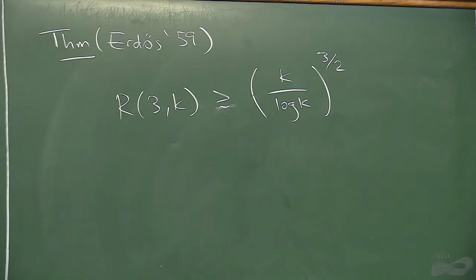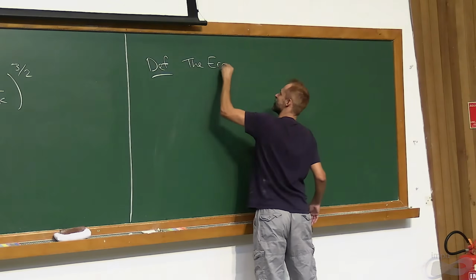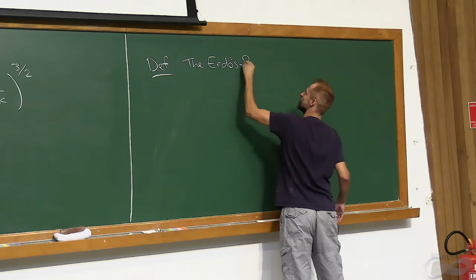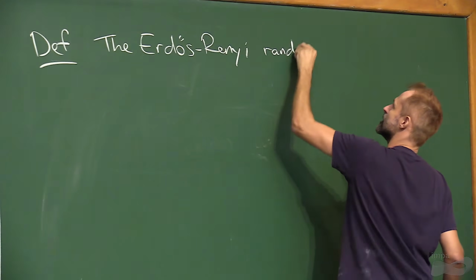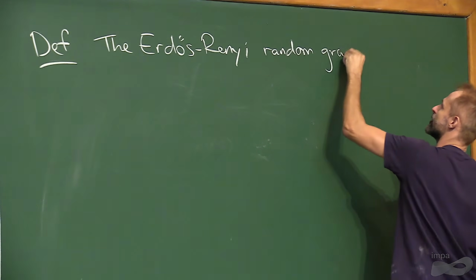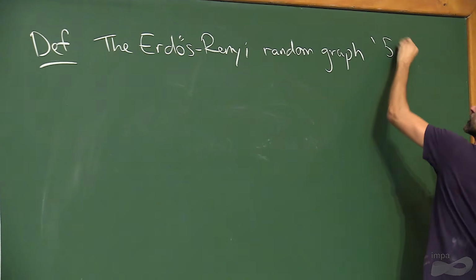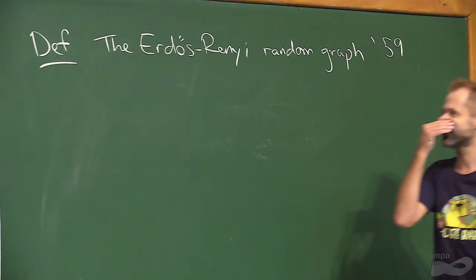So let's take a random coloring, but with many fewer red edges than blue edges. What this leads us to is the definition of the Erdős-Rényi random graph, which was also introduced around the same time as this result.